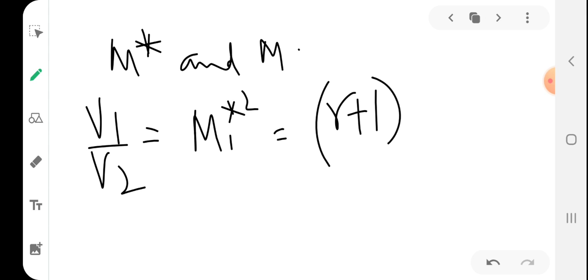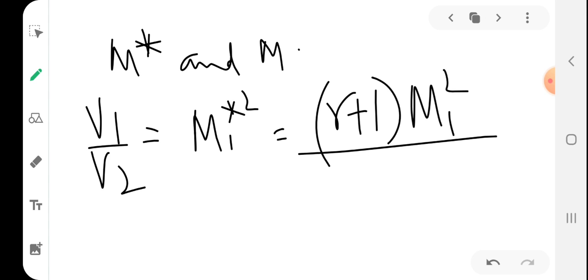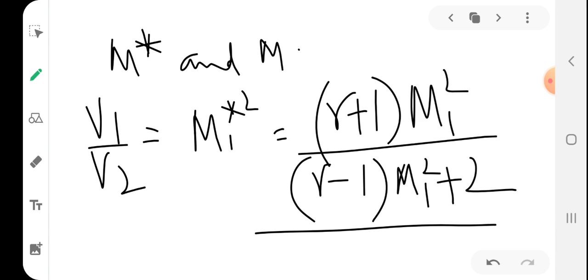Just go back to your first module and see the relationship. It is like this: gamma minus 1 into M1 square plus 2. So this is the relationship: if you know the reference Mach number, you can write that reference Mach number in terms of the original Mach number.